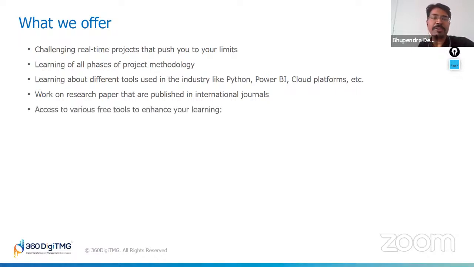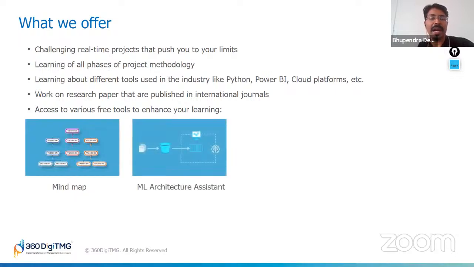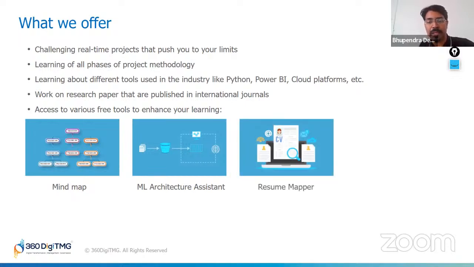Now, access to various free tools to enhance your learning, like mind maps, of course, for easy internalization of concepts. ML Architecture Assistant: using this, you can make an end-to-end ML diagram, the project architecture diagram. We have a resume mapper, or resume optimizer, we call it, and that is a really good tool.